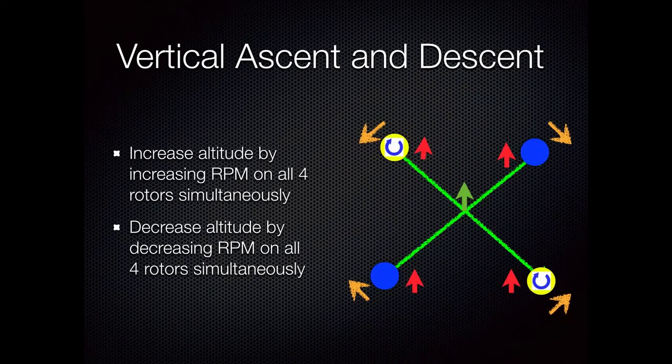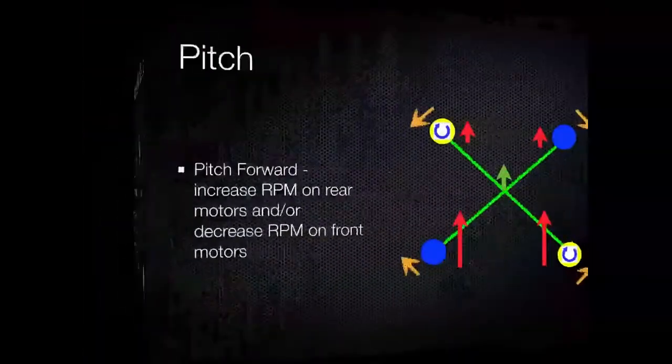So if you can imagine, on your mode 2 radio control system, that would be your left stick, your throttle. Pushing the throttle up would increase the RPM, pulling the throttle back would decrease the RPM, which would result in the quad rotor climbing or descending, or if you get it somewhere in the middle, it would end up being in a hover, as we discussed in the other slide.